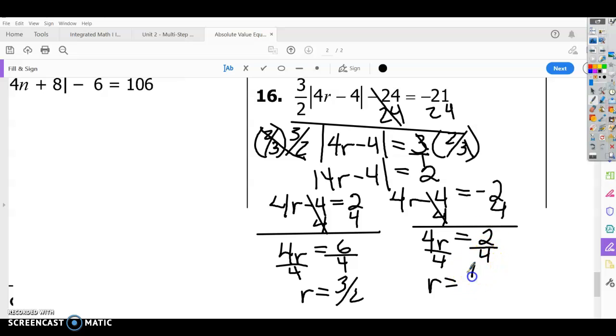Reduce it. So 1/2. Remember, 4 divided by 2 is 2, but 2 divided by 4 is 1/2. So my solution set would be 1/2 and 3/2, which is 1 1/2, but we're going to write it as just a fraction.